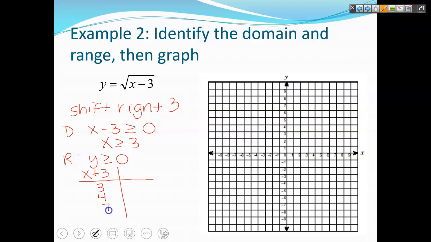Instead of 9, 12. My y's are unaffected because it was only h, which we know only affects x. So now we're at 3, 0; 4, 1; 7, 2; and off my page.